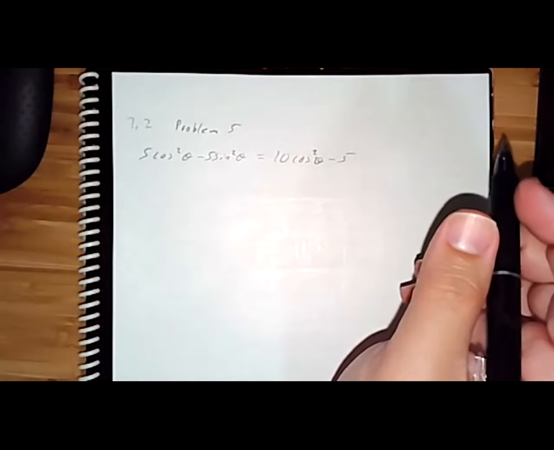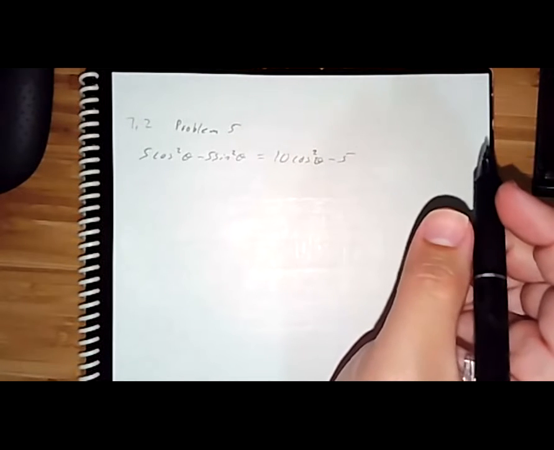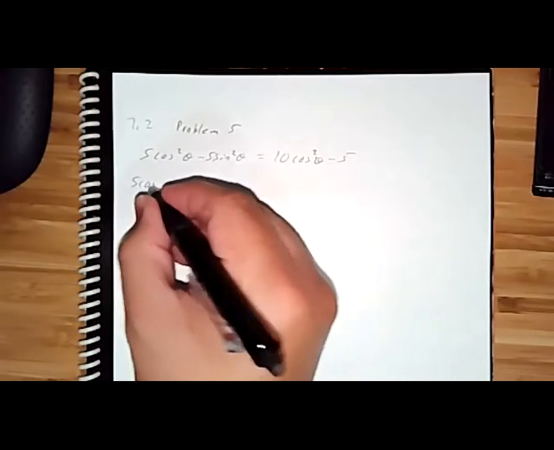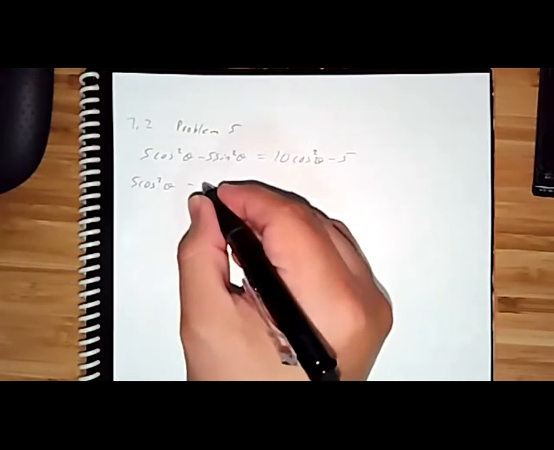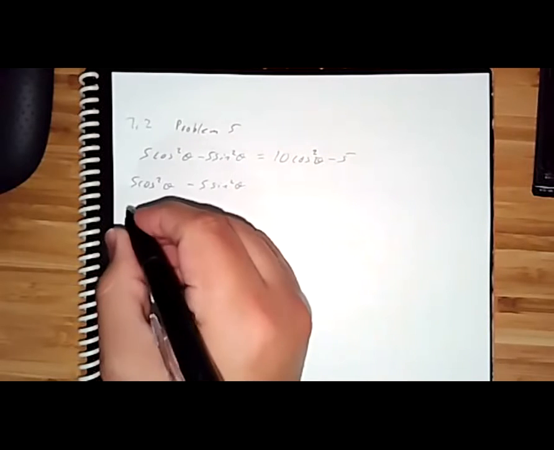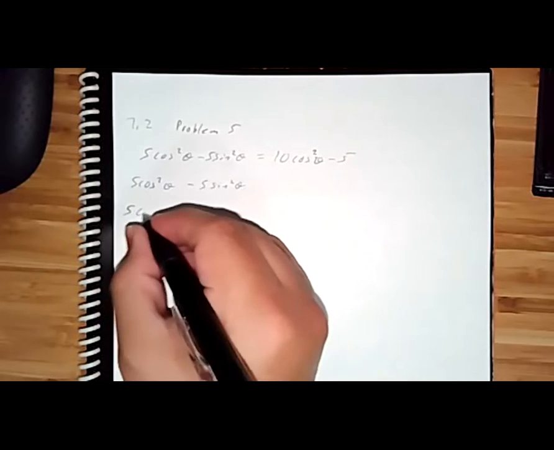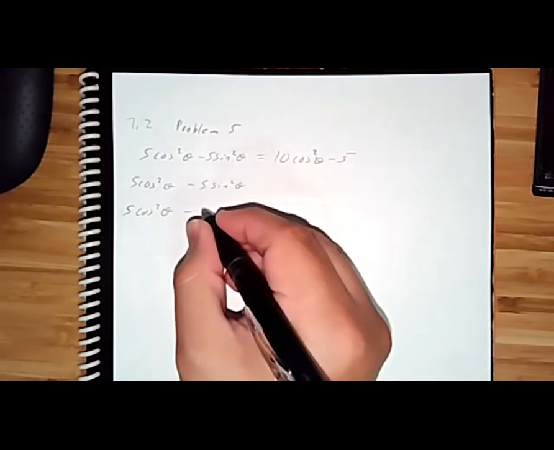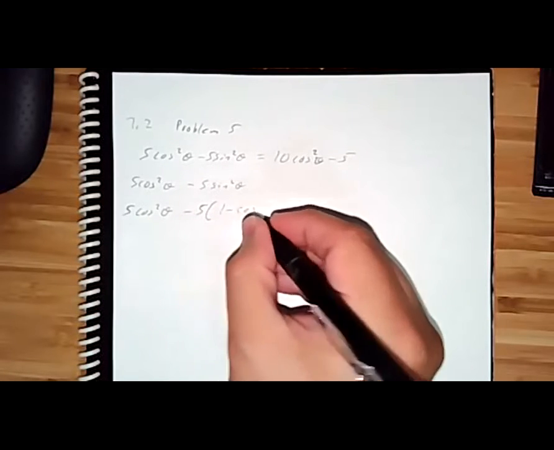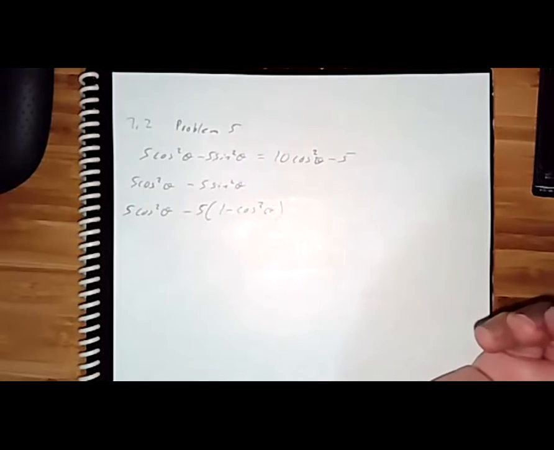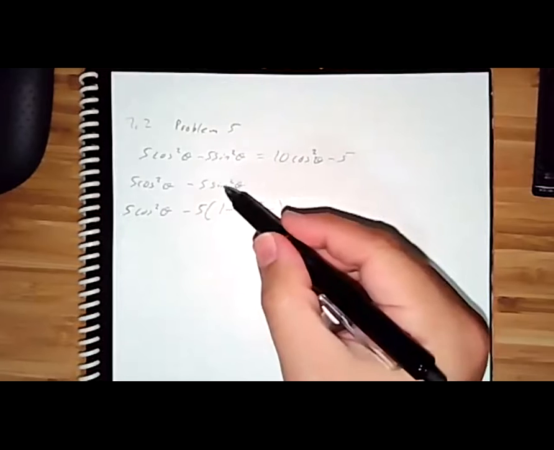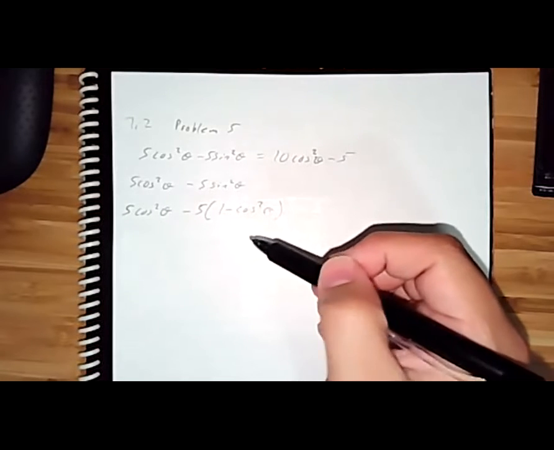All right, I got it partially correct. Oh, I see what they did. Okay, so we'll start here. Change the sine into a cosine. So right here is going to turn into 1 minus cosine squared. I'm changing the sine squared into 1 minus cosine squared.